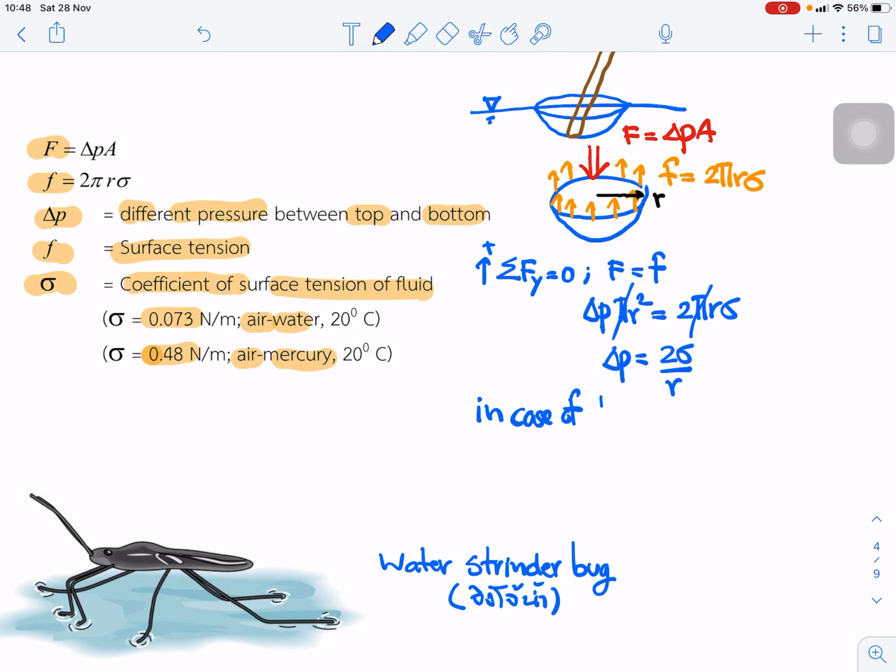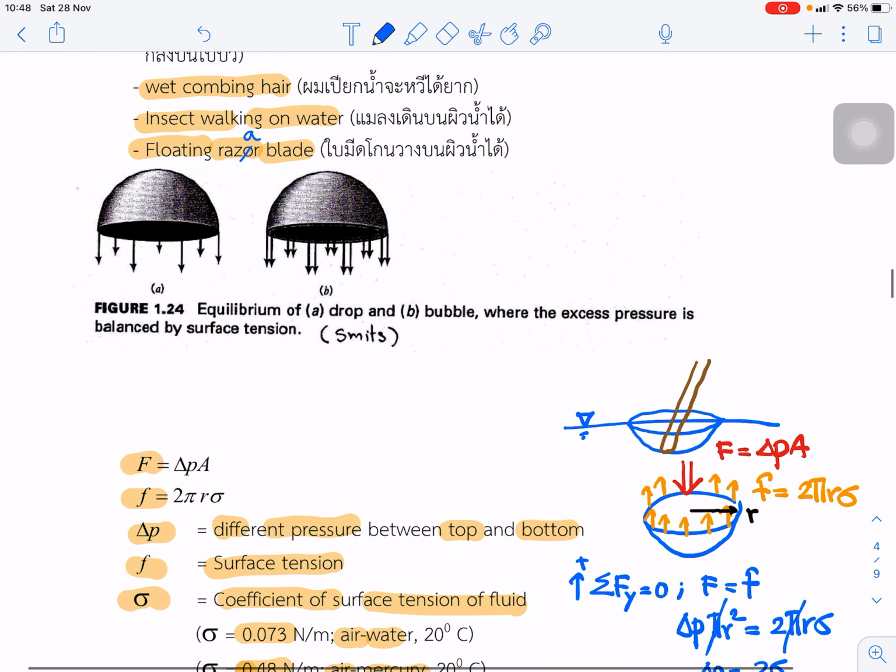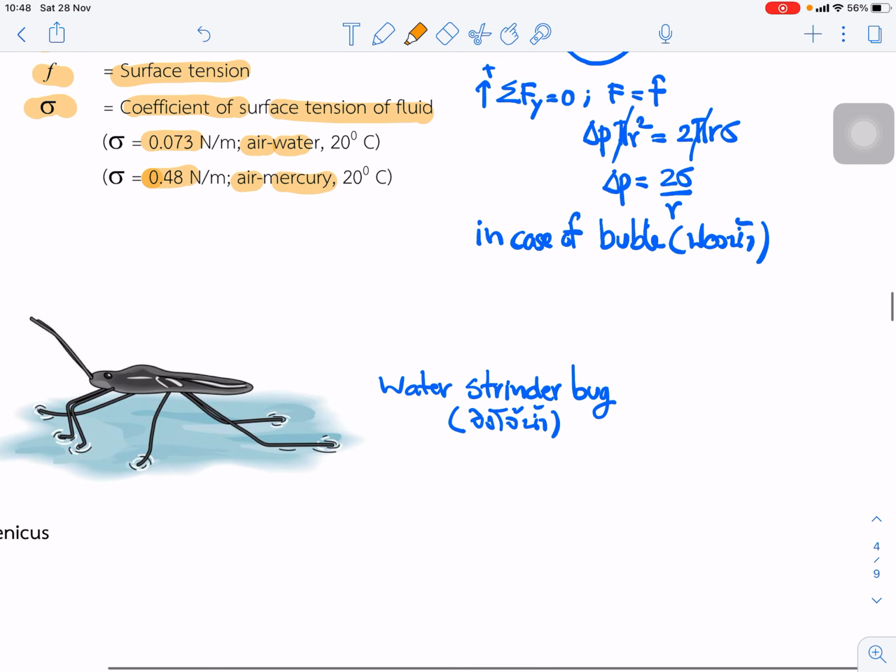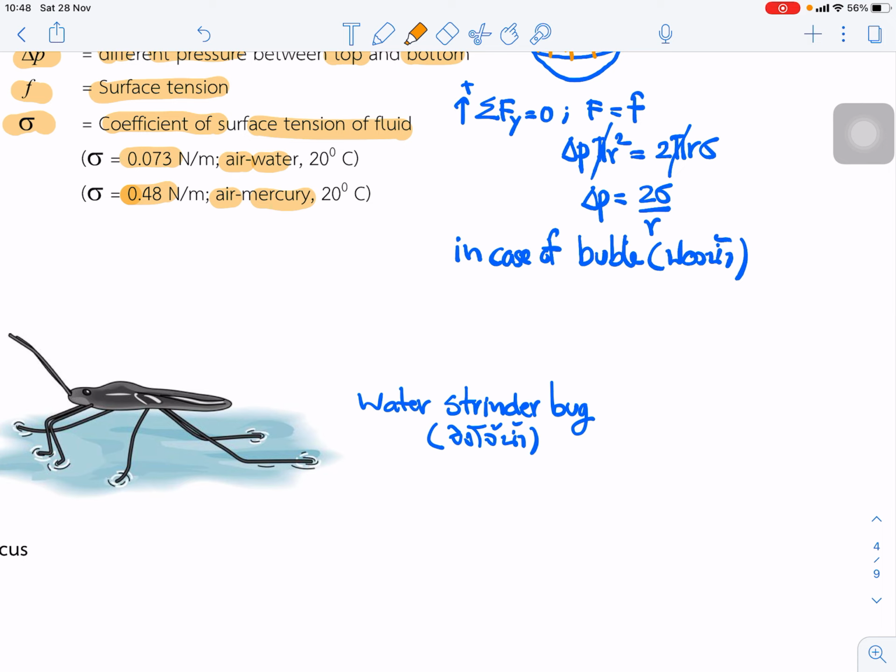But in the case of a bubble, it's like this. This shows on the left-hand side A is a drop, so it has only one surface, and the bubble has two surfaces, inside and outside. So in the case of the bubble, there are two layers.